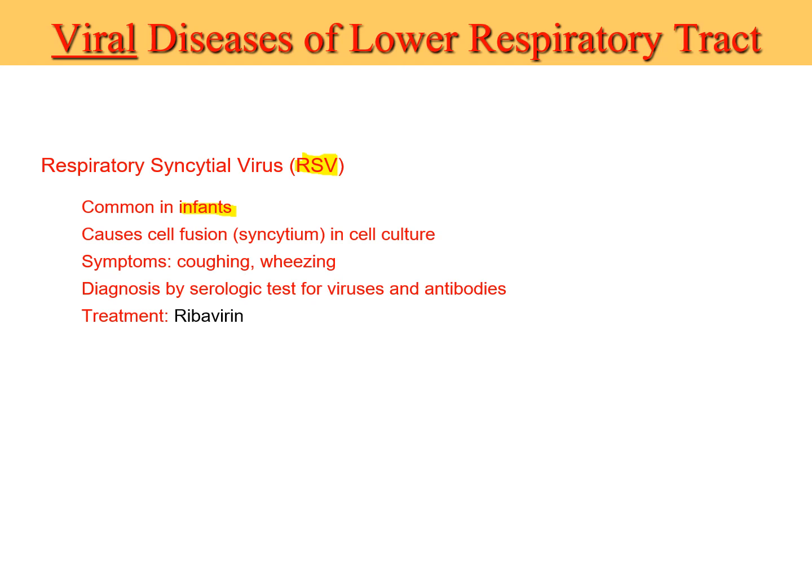If you take an epithelial cell culture and put in a sample that contains this virus, it will cause syncytium formation, fusion of the cells. Symptoms include coughing and wheezing that you can hear with a stethoscope, and diagnosis is by antibody serological testing for the presence of antibodies against the virus.